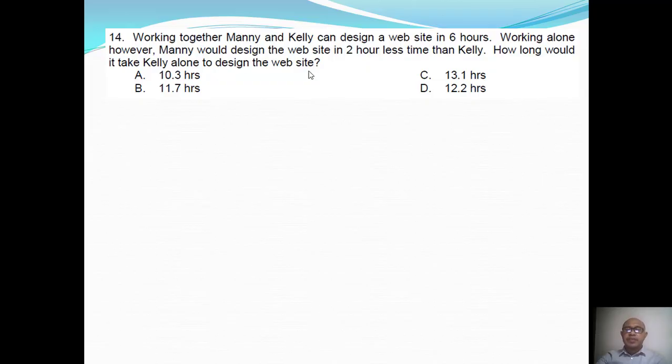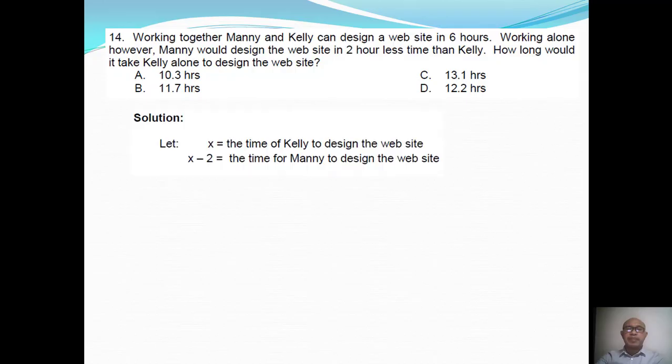Okay? So we let x be the time of Kelly to design the website. So the rate of Kelly is 1 over x. Then the time for Manny to design the website is x minus 2, because Manny can design the website in 2 hours less time than Kelly.